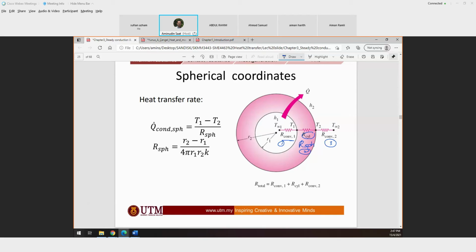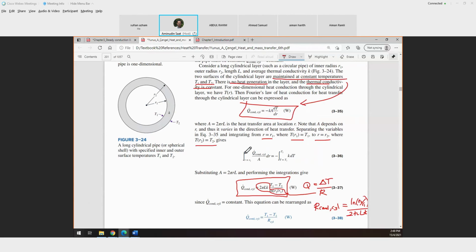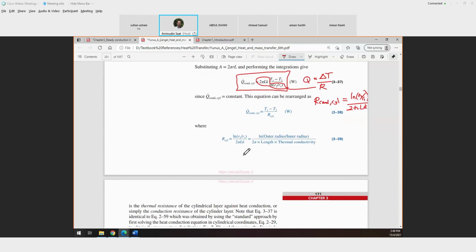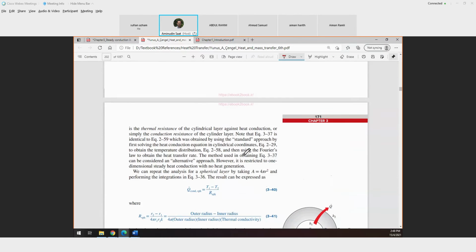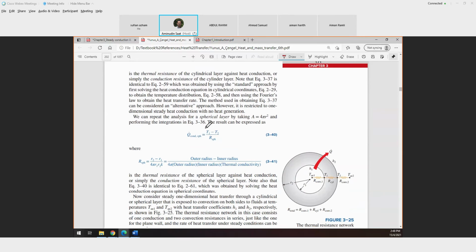If you look here, the R conduction for the spherical is a bit different compared to the cylinder. So how is this equation derived? Using the same heat conduction equation. This is for the spherical, starting from equation 340.